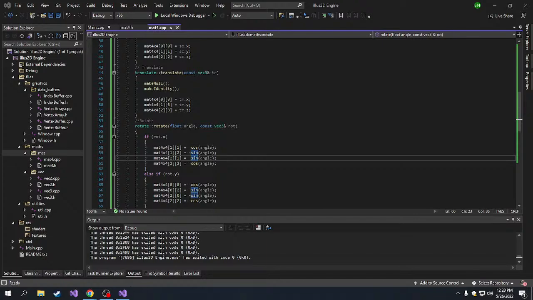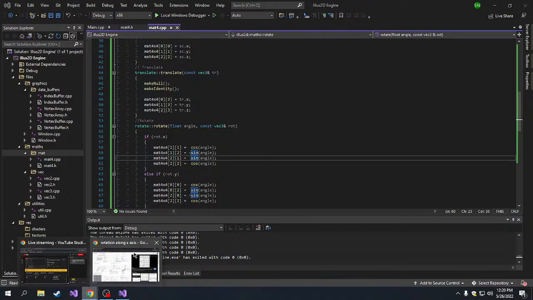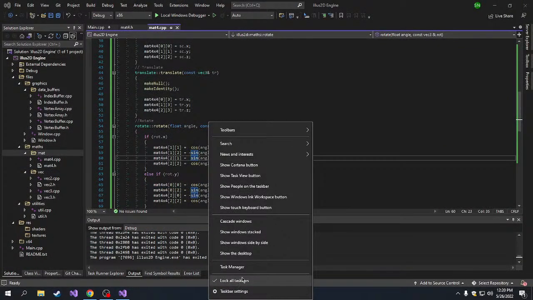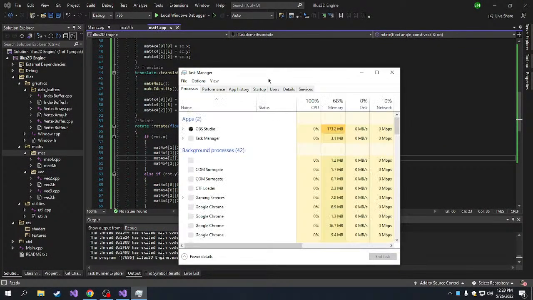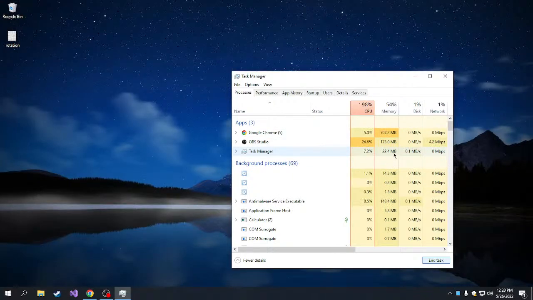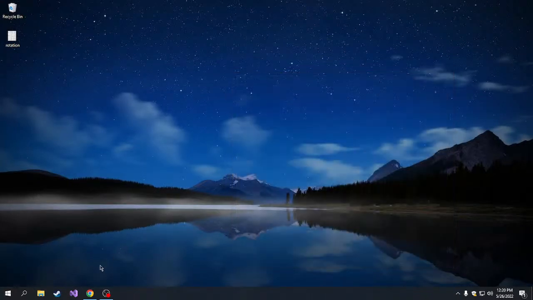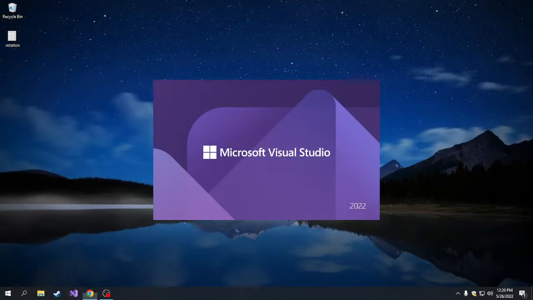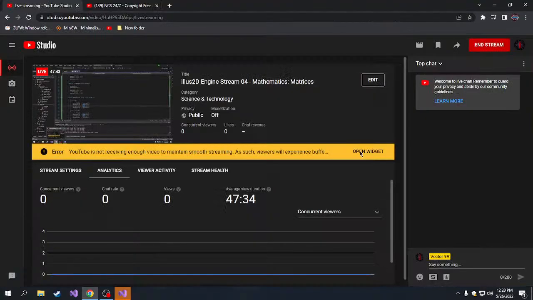Visual Studio just crashed. Well, great. Task Manager, let me get rid of Visual Studio. Hopefully our data is okay. 100% CPU for some reason. And by the way, my YouTube is showing this error for some reason. I don't know why.